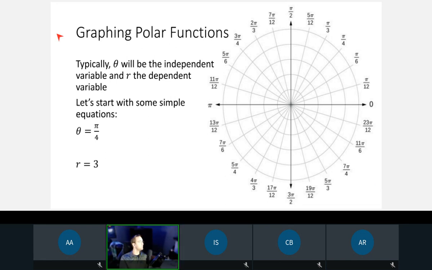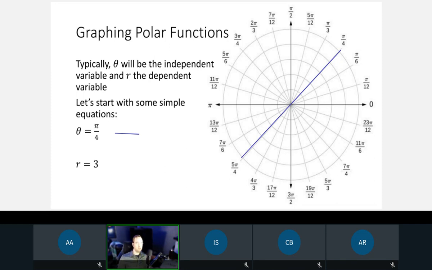So let me get my line tool here. Let's take a look. So pi over 4, you would get a line. I'm going to put a line next to that to show that's what it is.